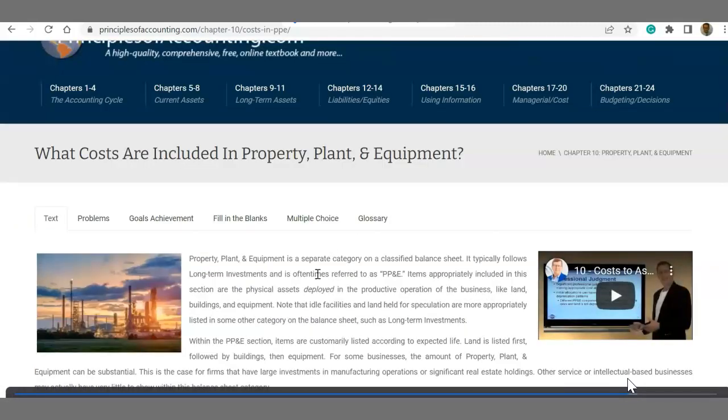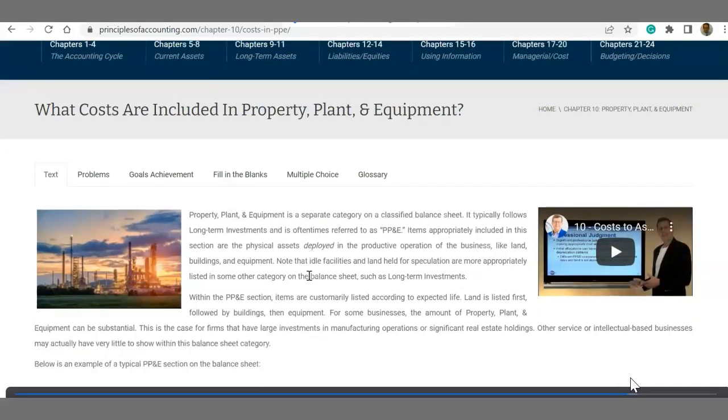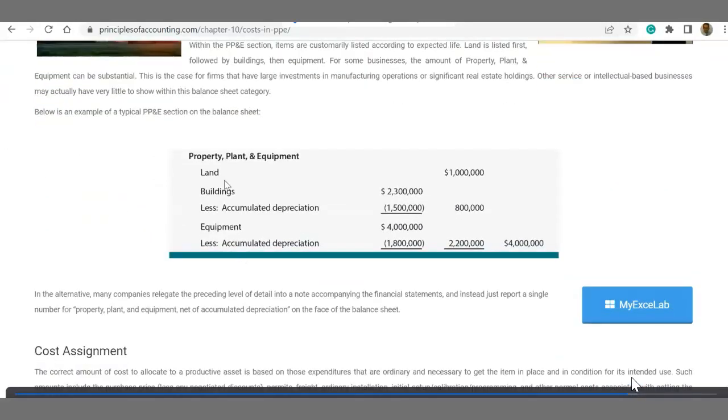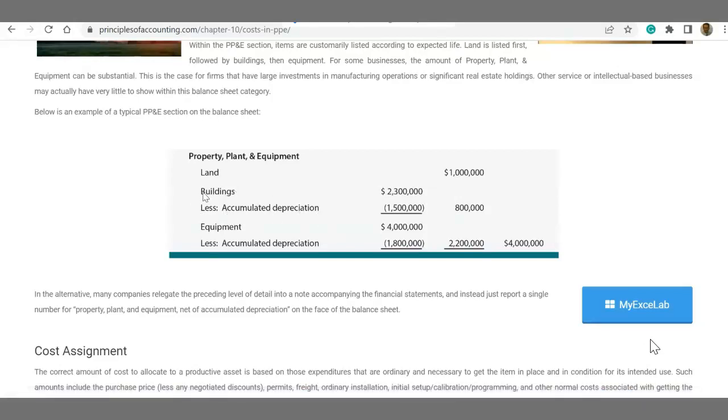So what costs are included in PP&E? Those are things that you use in your daily business, like land, where you have a building on it, you have employee parking. That's land, never depreciates. However, you have a building for your office, that is depreciating. So you have accumulated depreciation, building, for that building.